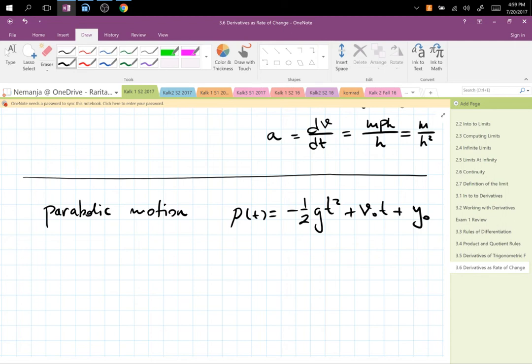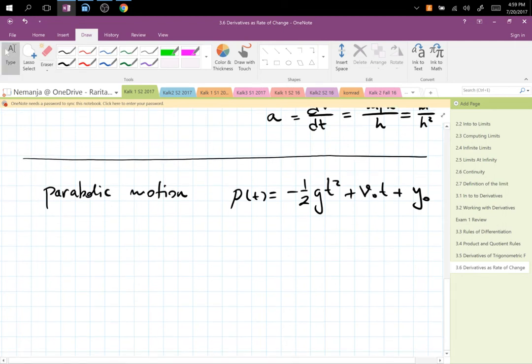Now, what is the derivative of this? We know that the derivative of position is going to be the velocity. The derivative here is done in t, right? So it's 2t, which cancels the half, so I have negative g t. Do we all see that?